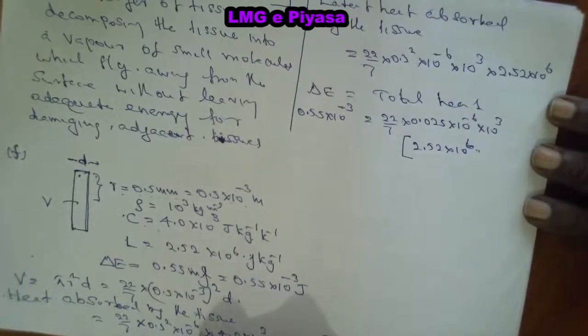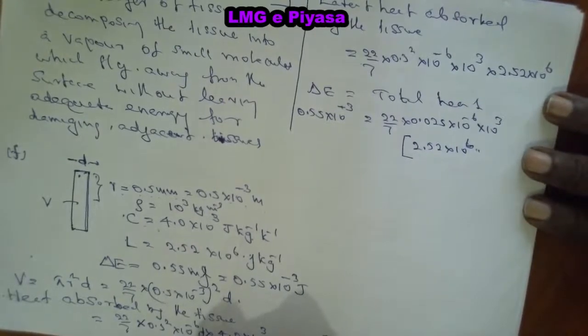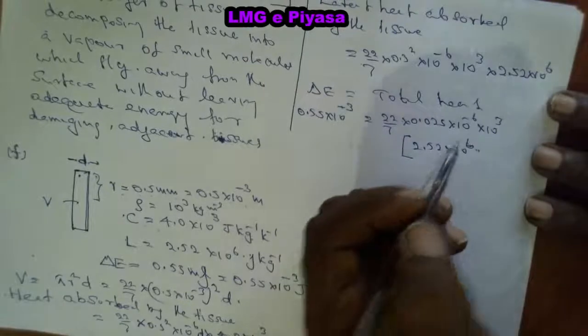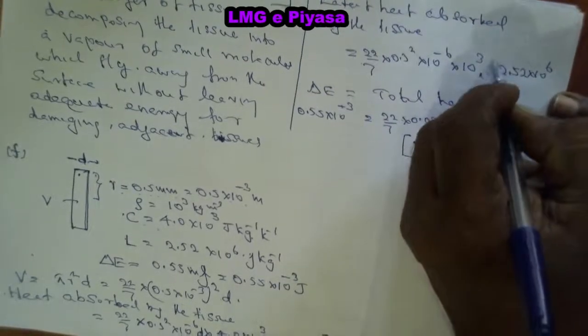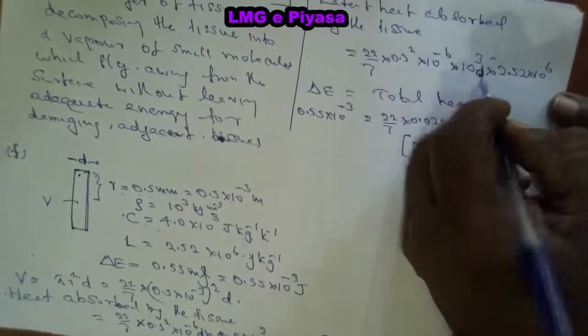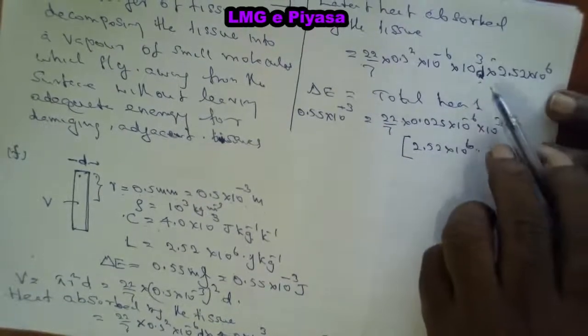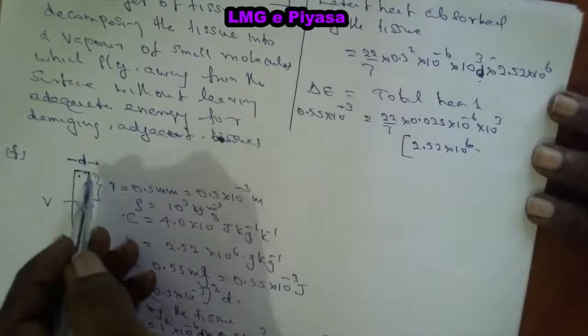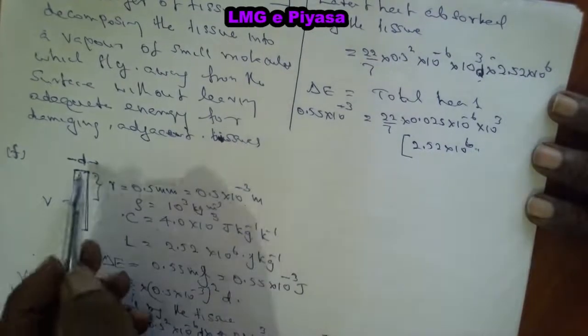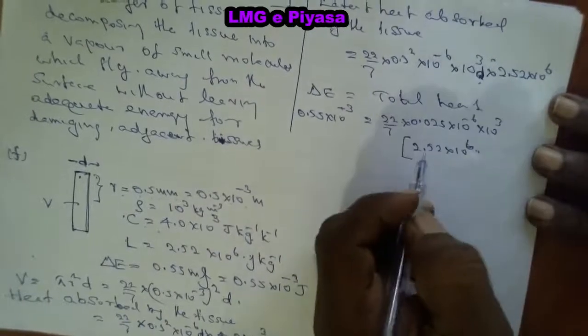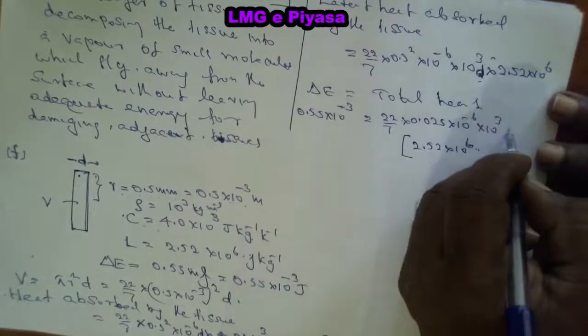So D is also there. Here D is there, width of this layer D. Then you can take D also out.